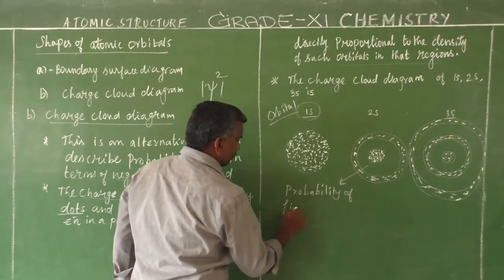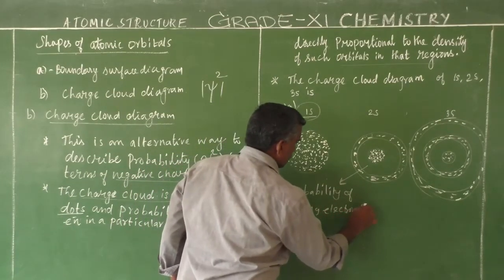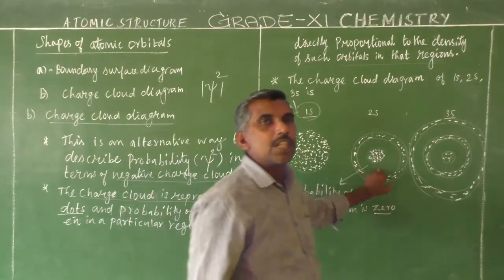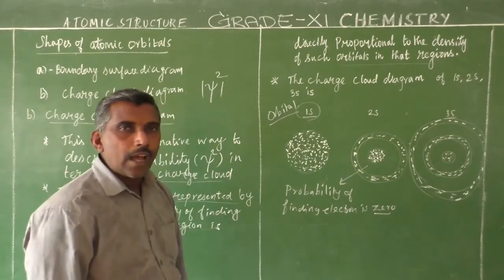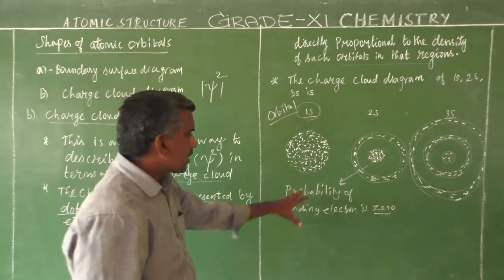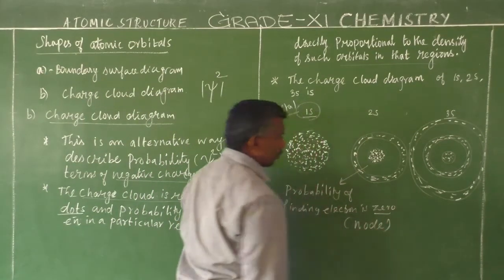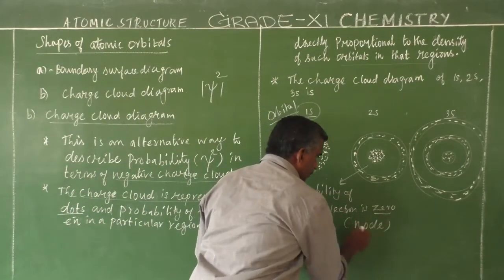In this area the electron is absent, no electron. So this area is known as a node. The probability of finding the electron is 0; that is known as a node.